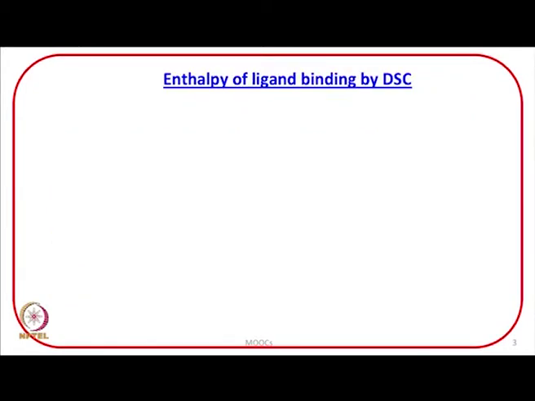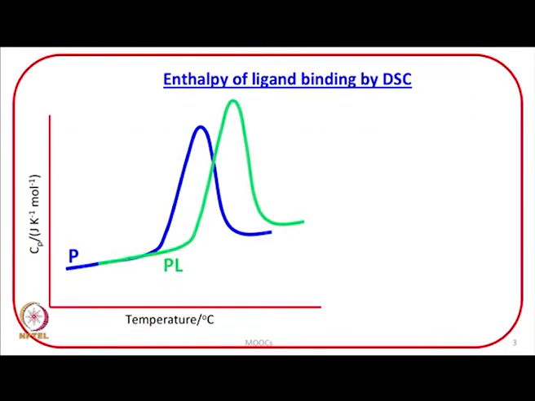And in one of the previous lectures, when I was discussing how to get the enthalpy of ligand binding by DSC, we showed these kind of transitions. That is, if protein is only in the native form, it will show this kind of thermal unfolding, and if it is bound with the ligand fully saturated, PL will appear at a higher temperature.